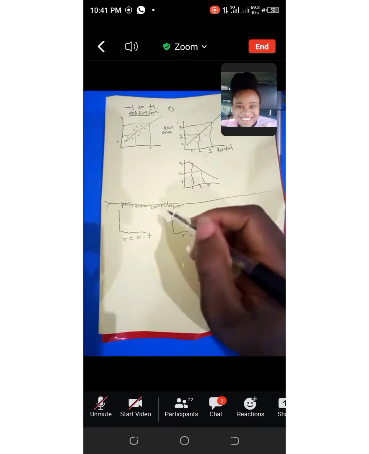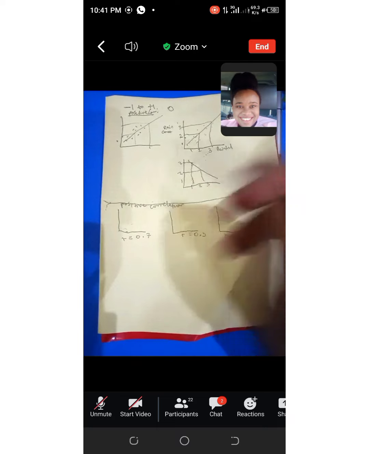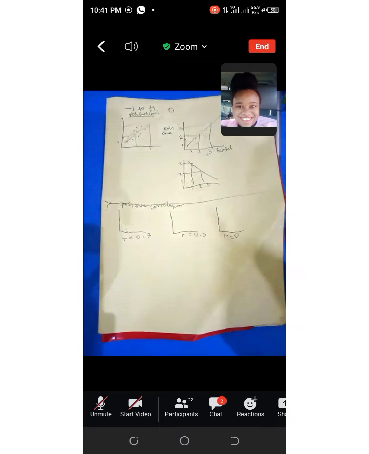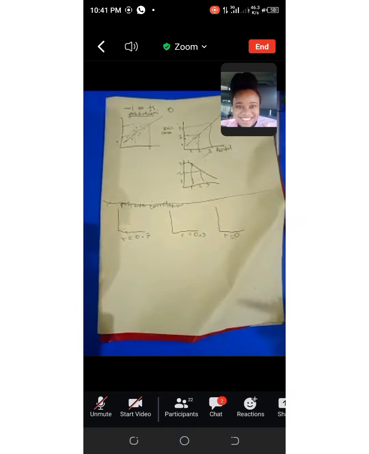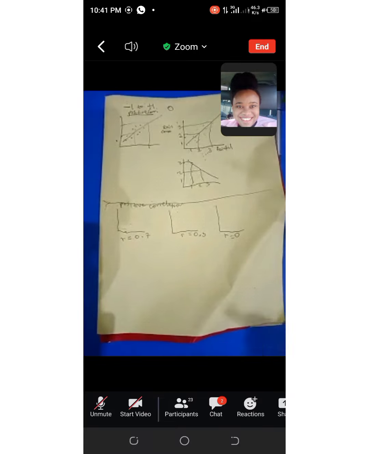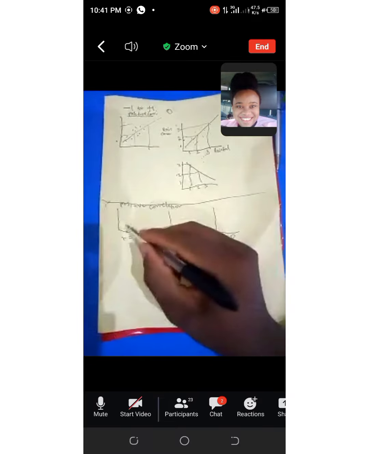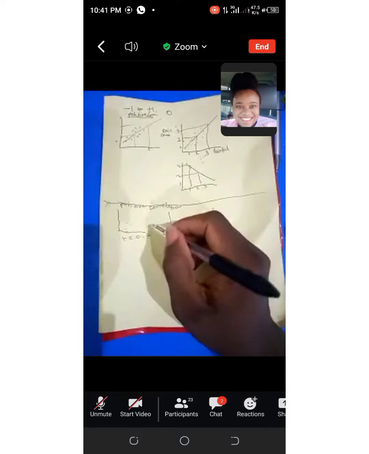In any calculation of correlation, R can only take a value between -1 and 1. So depending on what you get, you can make inference to whether there's a strong relationship or negative relationship or no relationship. So when R is equal to 0.7 here, the plot can look like this.